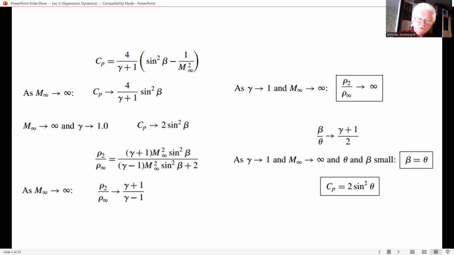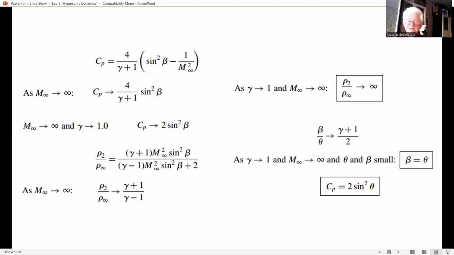It has nothing to do with Newtonian theory as yet. Keep in mind that beta in our equation here is the wave angle. I hope you remember this. So it is not the deflection angle. And now let us go further.